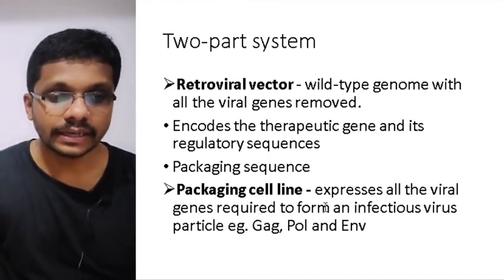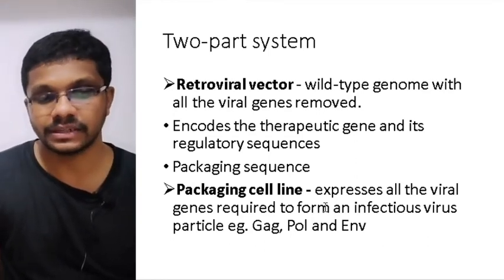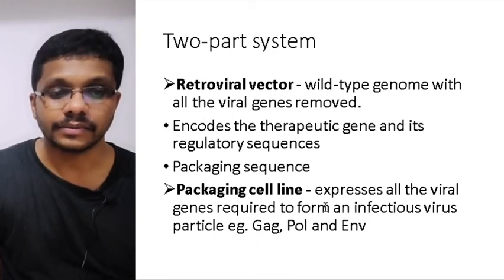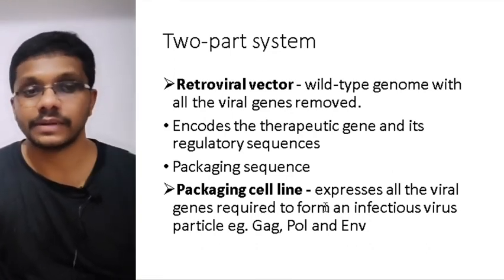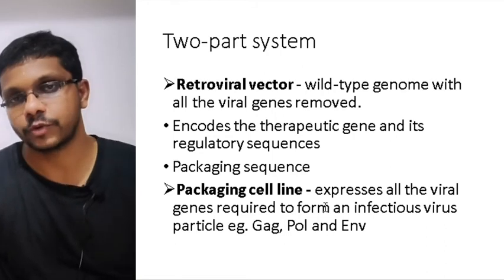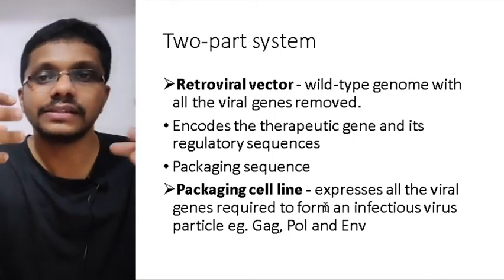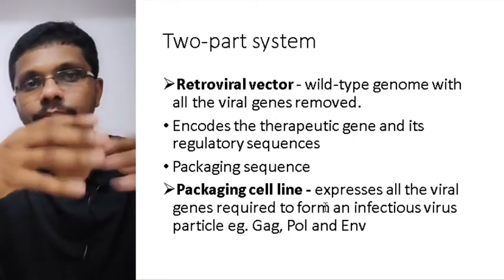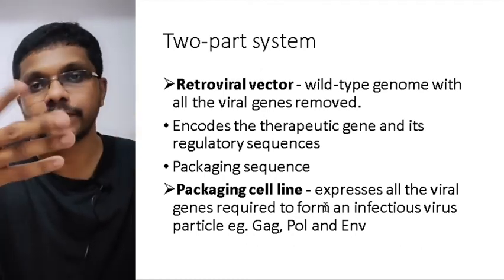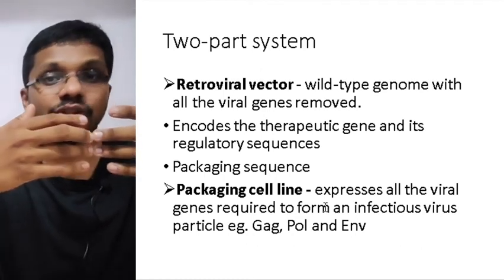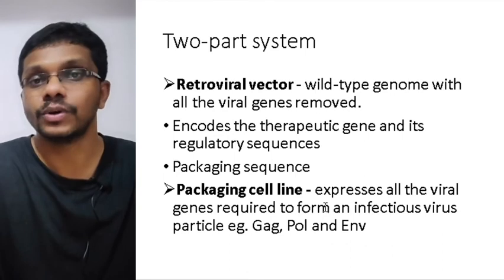It has almost all types of sequences, but it cannot replicate in all types of cells; it can replicate only in the packaging cell line. So when the virus is introduced into a packaging cell line, it will produce viable viruses. But this virus can infect any type of cell, though it does not replicate.